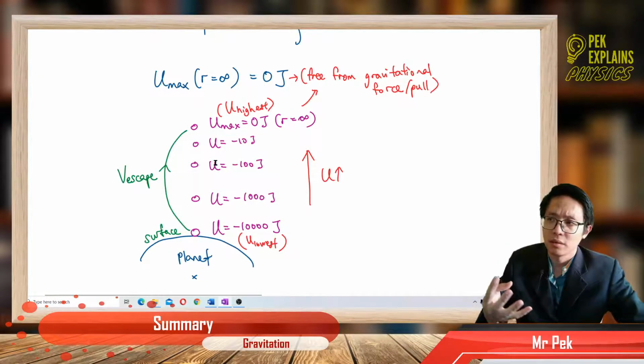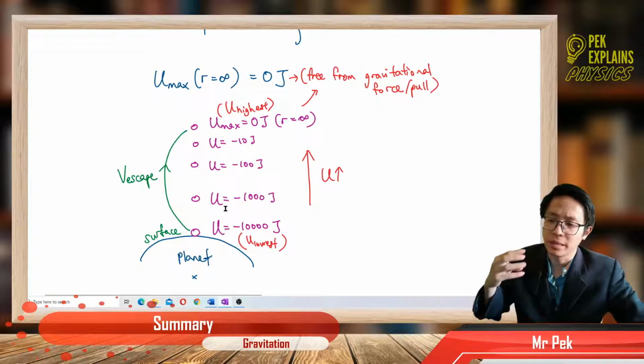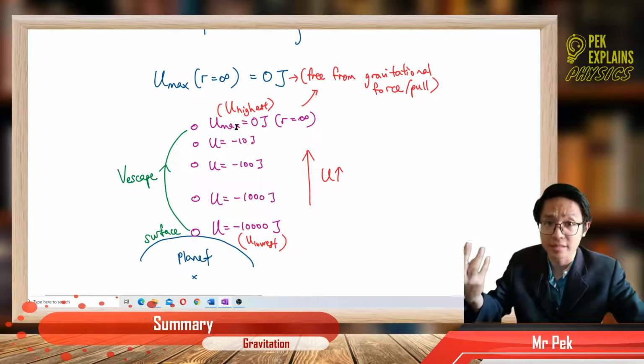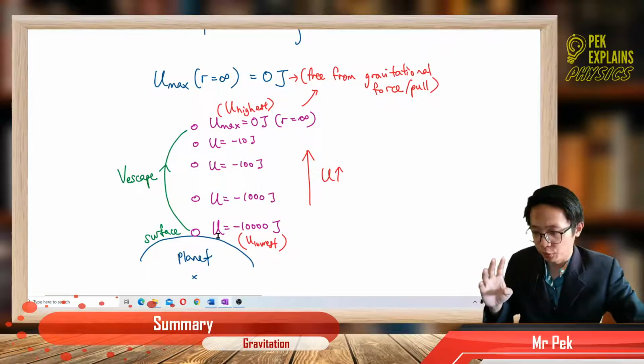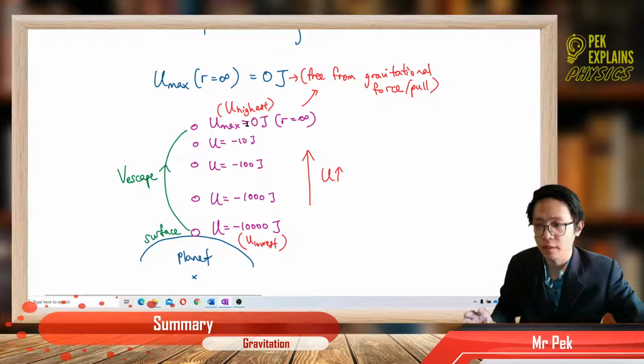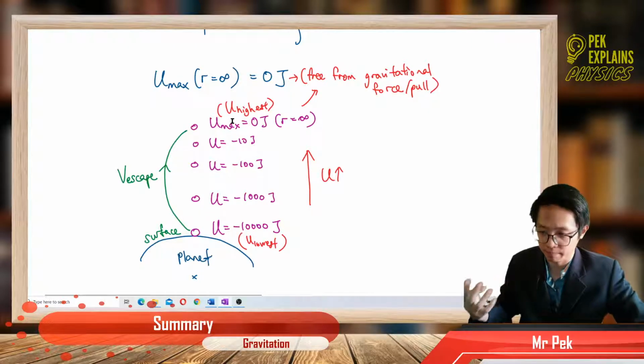In mathematics, when a value becomes less and less negative, the value is actually getting bigger and bigger, isn't it? So the potential energy, as it goes higher and higher, becomes less and less negative, approaching 0. So potential energy actually increases with height. Okay? Potential energy increases when you go up.